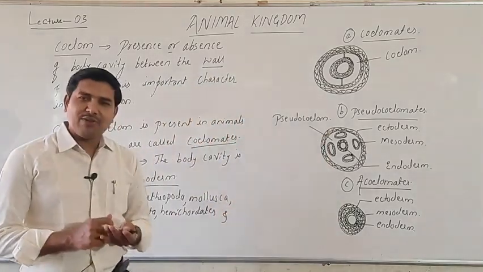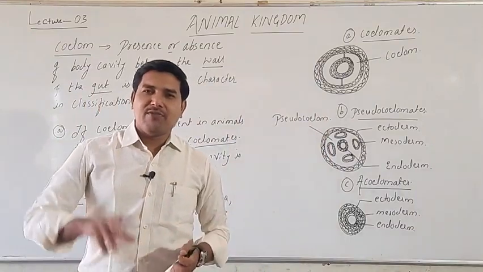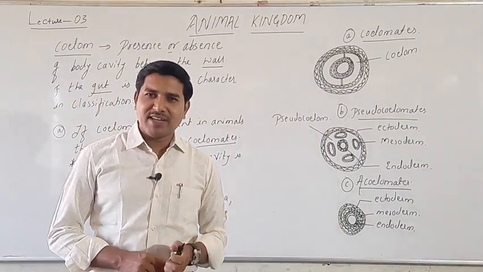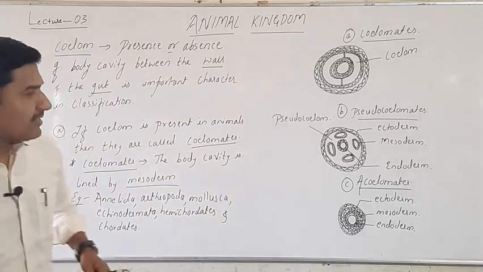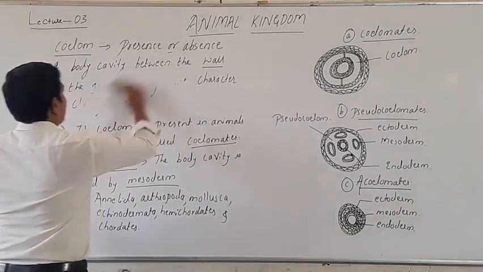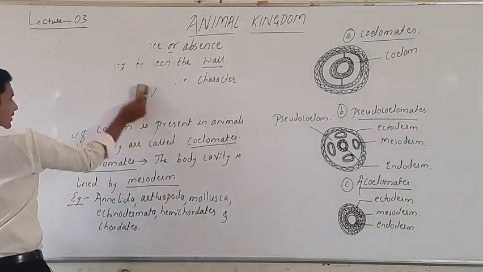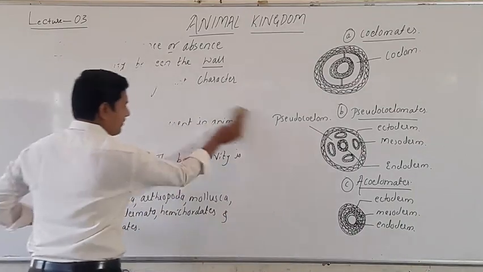The same diagrams are given in your NCERT, and for better diagrams you can refer to the NCERT also. Okay, let's check the definition for the coelomates as well as pseudocoelomates.